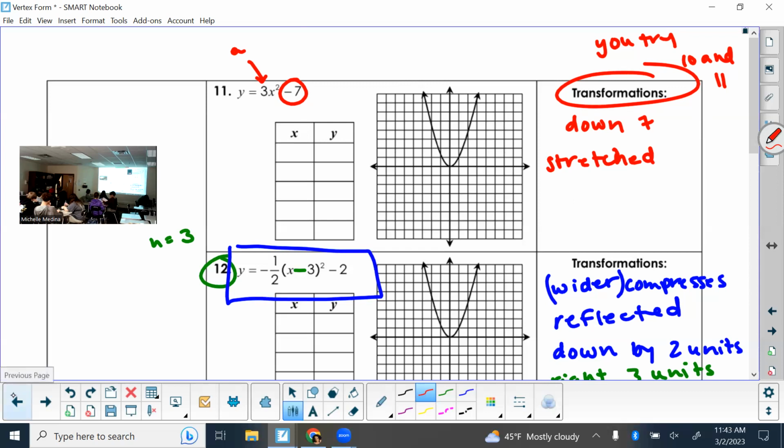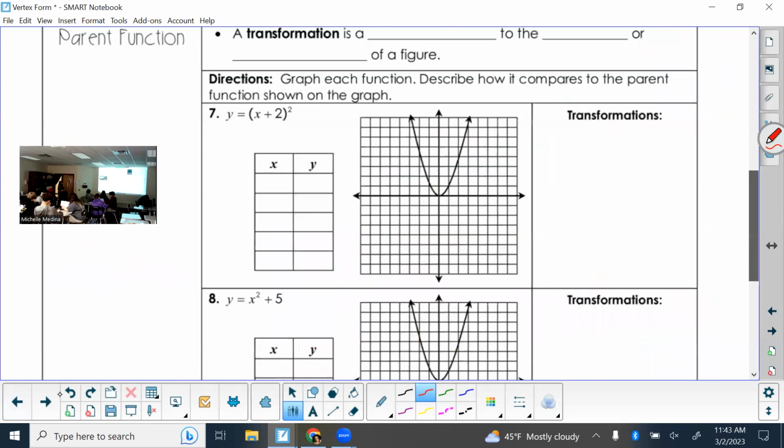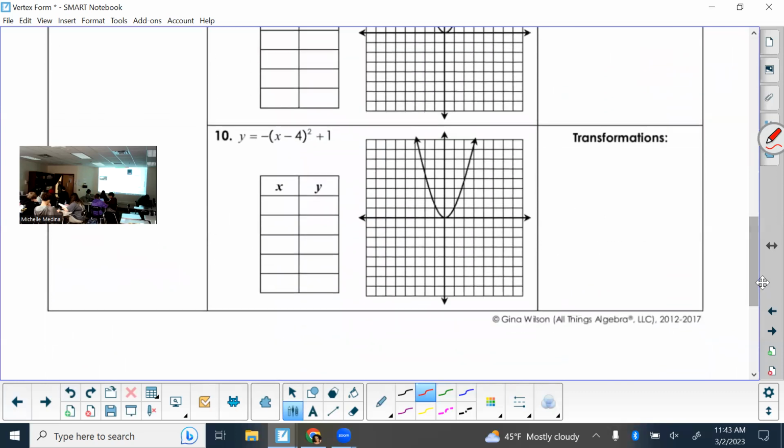Let's look at 10 real quick. Okay, table 7, there's kind of more information, but I trust you. Table 7, what are the transformations for number 10?